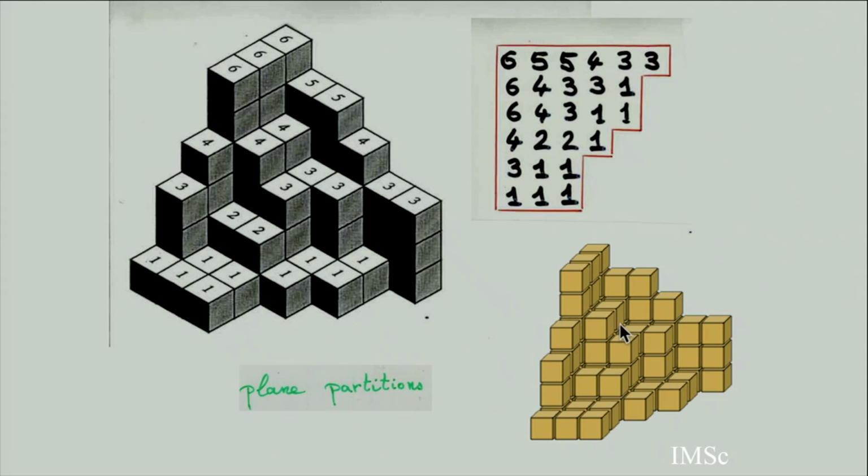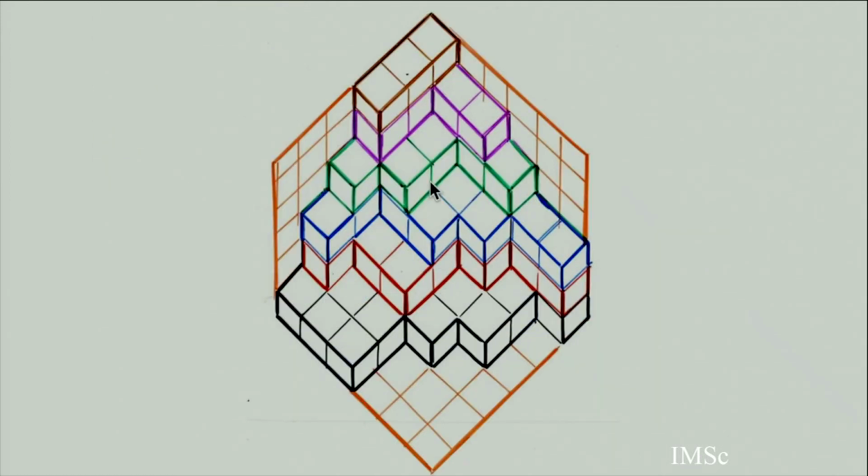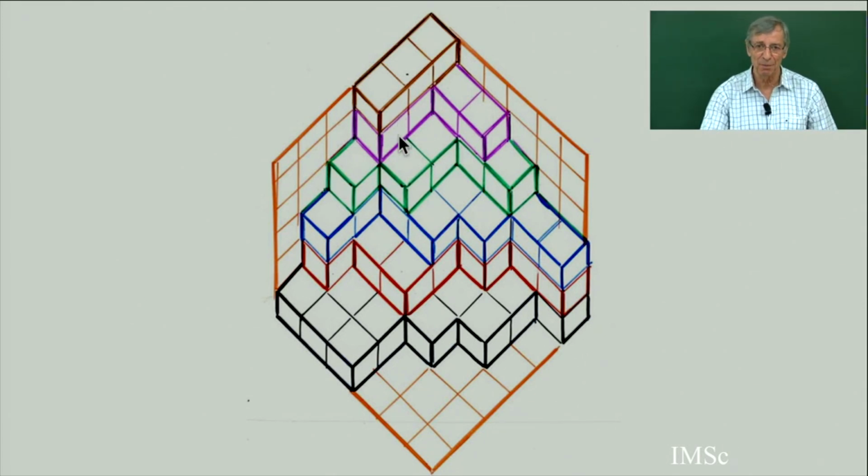It is well known that plane partitions are in bijection with tilings of the triangular lattice. If you take this perspective of the plane partition and complete it by the 3 faces of this cube, the projection gives you the 3 types of tile of the triangular lattice.